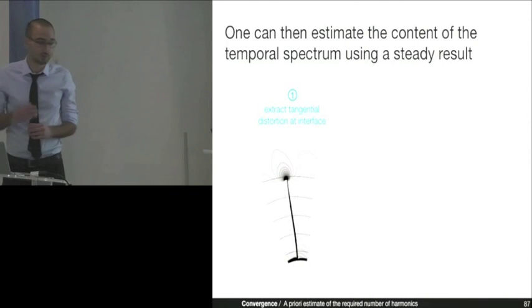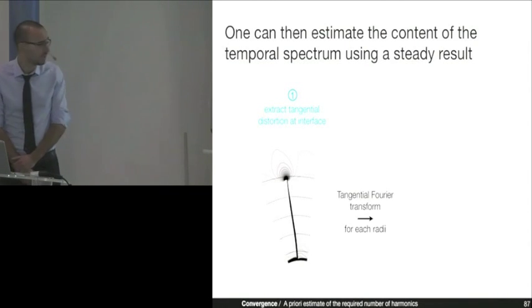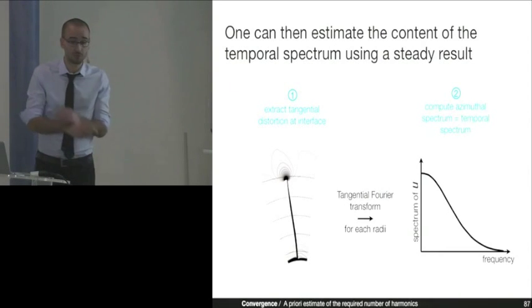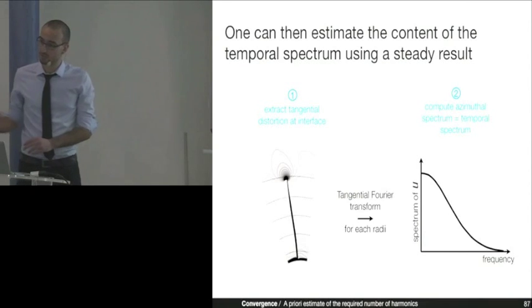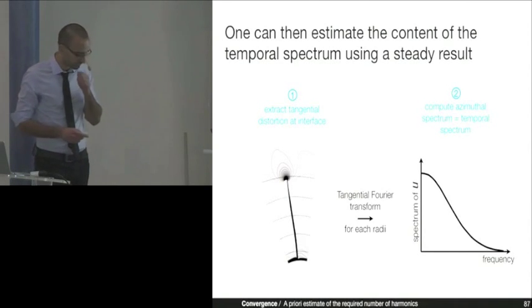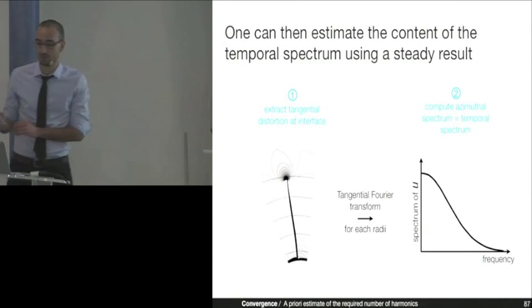And then for each radius, we compute the tangential Fourier transform. This yields the spectrum of the variables that we compute for each radius. And as said before, the tangential distortion becomes an unsteady feature, so the azimuthal spectrum is actually equal to the temporal spectrum.